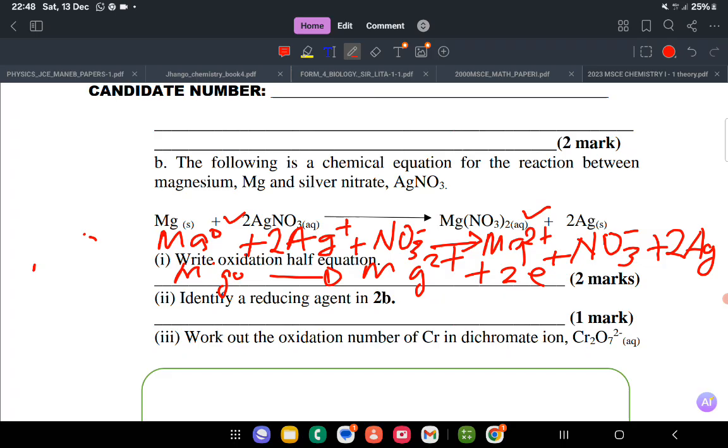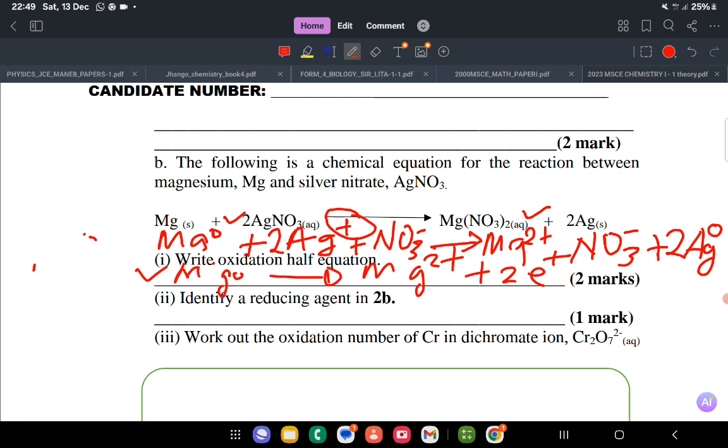Identify the reducing agent. All right, so we needed to identify which one has been reduced. If you look at silver, silver has a positive 1 there, but the metal product is 0. That means silver has been reduced. Magnesium has been oxidized, as we saw in the equation, but silver has been reduced. How do we know that reduction has taken place? When the oxidation state decreases from positive to 0, there's a reduction.